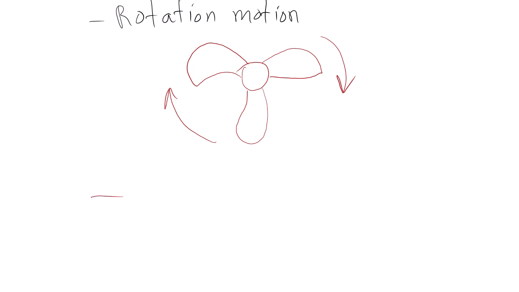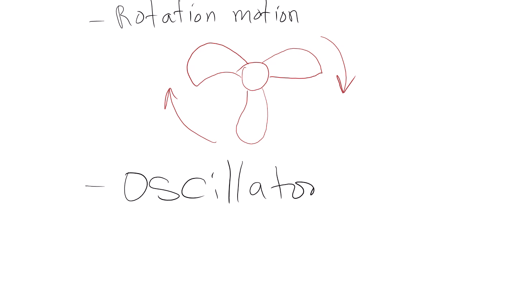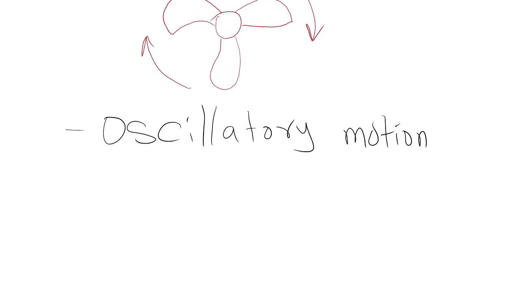Then the next type of motion is oscillatory motion. Oscillatory motion is a type of motion where the object oscillates, that is, vibrates.